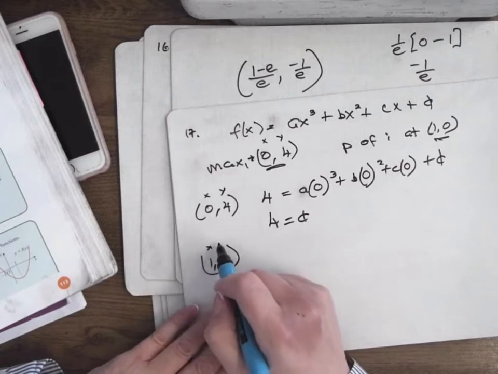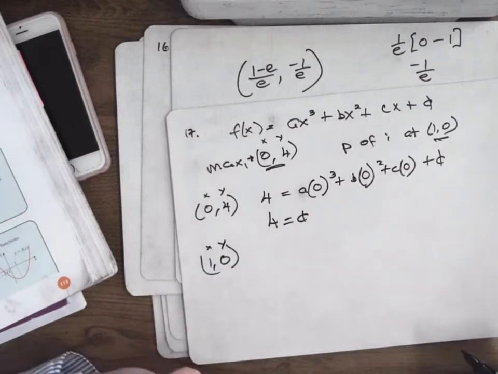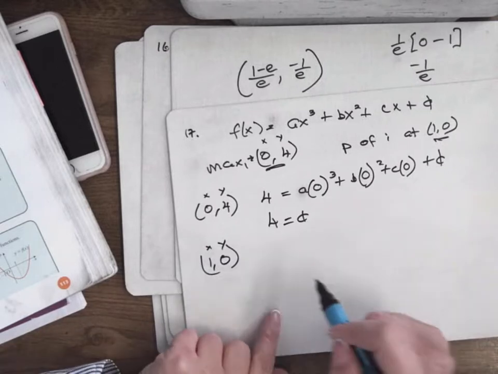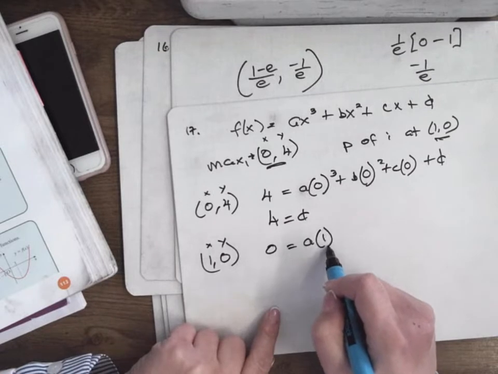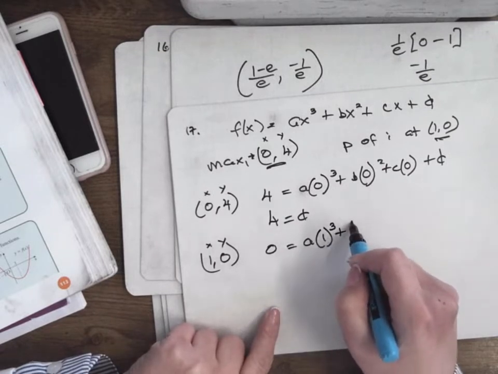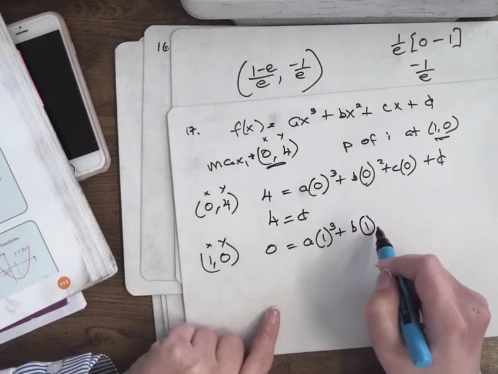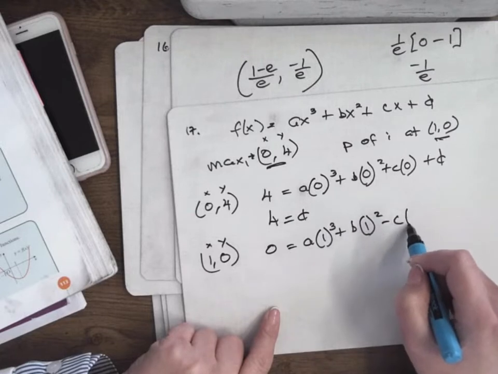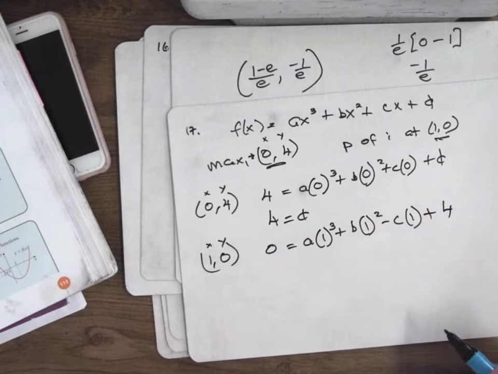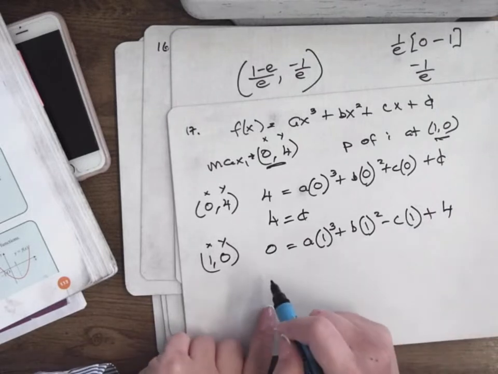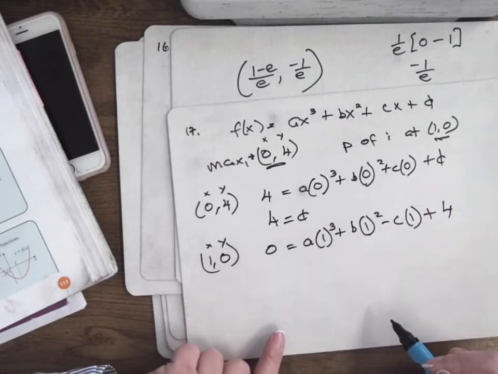So everywhere I see an x, I'm putting in a 1. Everywhere I see a y, I'm putting in a 0. So I'll get 0 is equal to a times 1 cubed plus b times 1 squared minus c times 1 plus d. I've just figured out d is 4, so I'm just putting a 4 there. Is that alright? Okay, so, say that again.